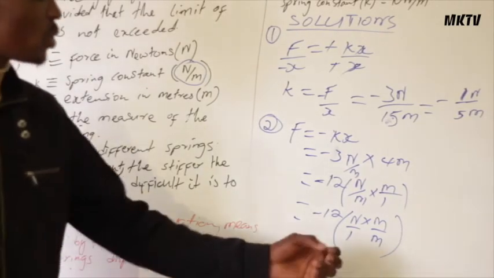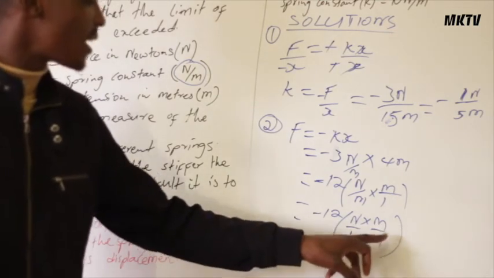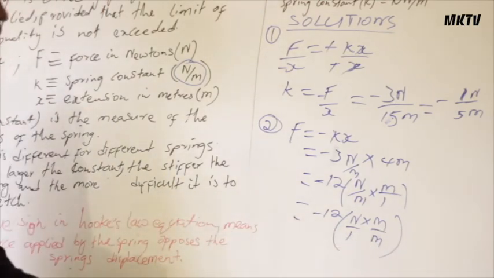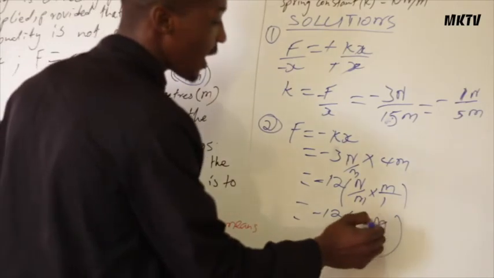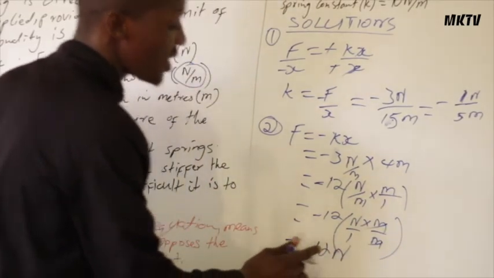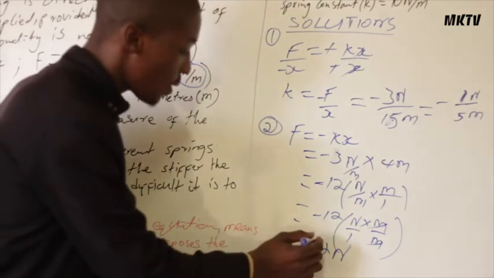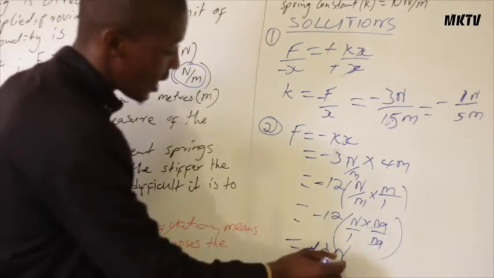Those rules allow us to swap the m and bring it under the other m. That says m would cancel the m and we will be left with 12 newtons. That's how we get the units for force in our problem.